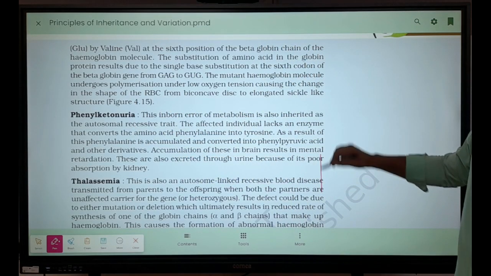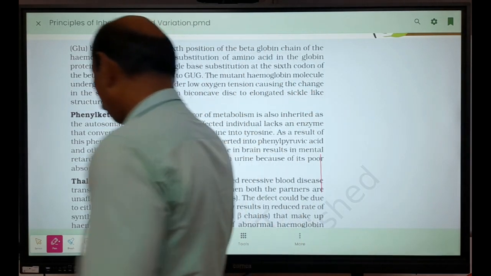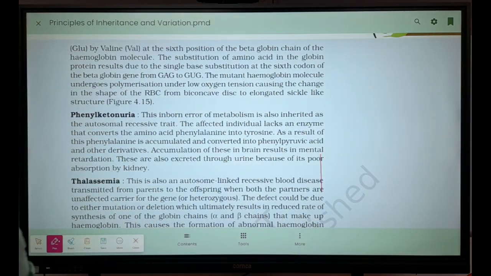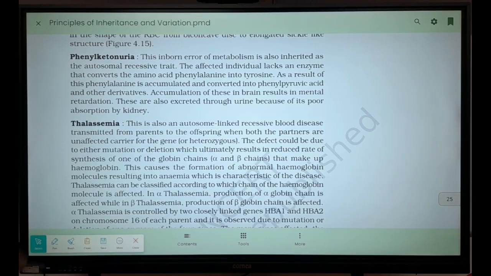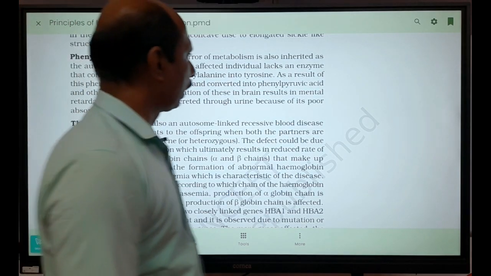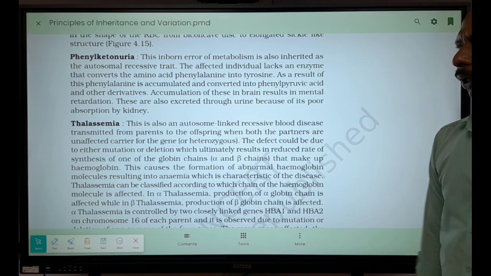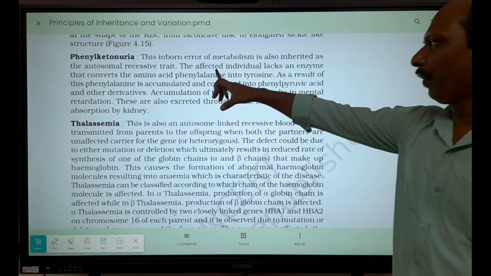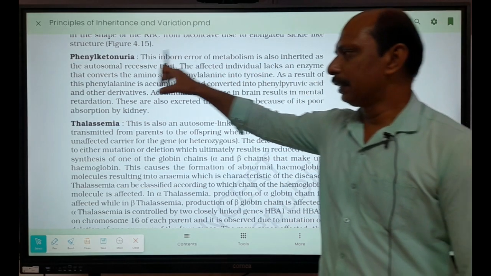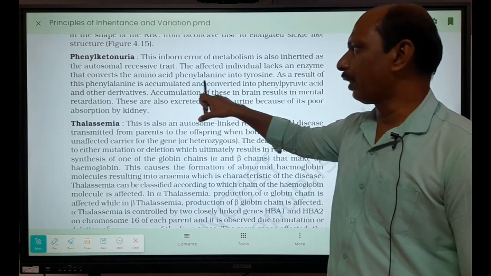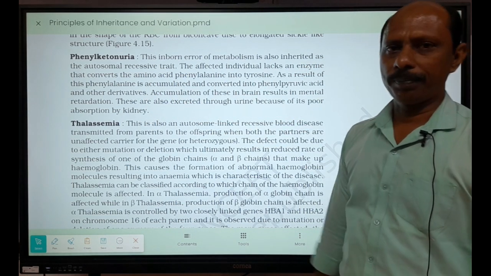Okay. Now, next disease is phenylketonuria. This inborn error of metabolism is also inherited as an autosomal recessive trait. The affected individuals lack an enzyme that converts the amino acid phenylalanine into tyrosine.